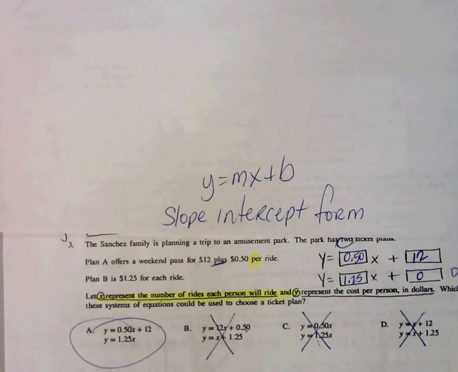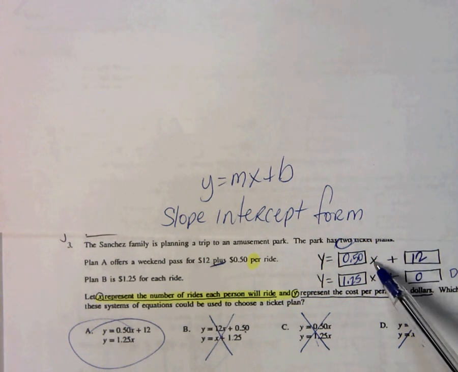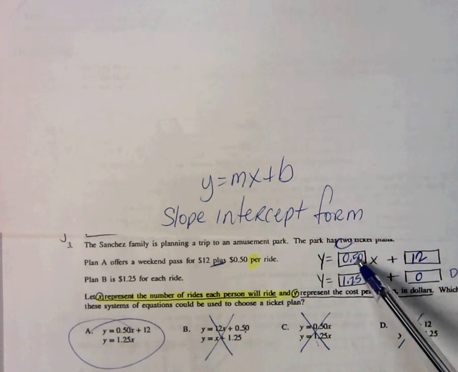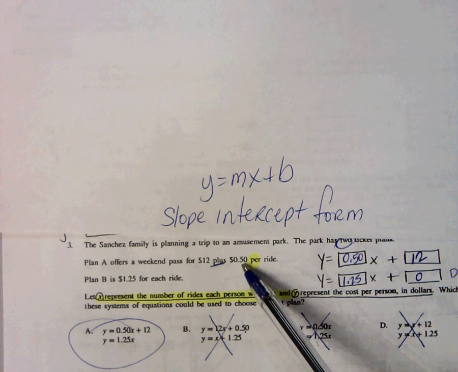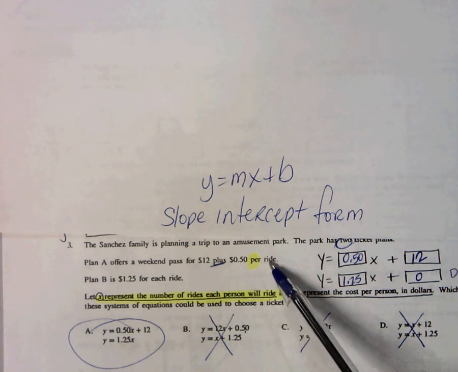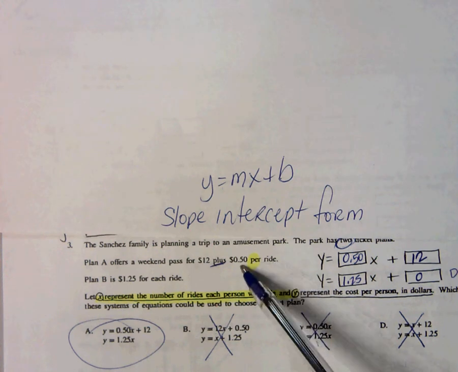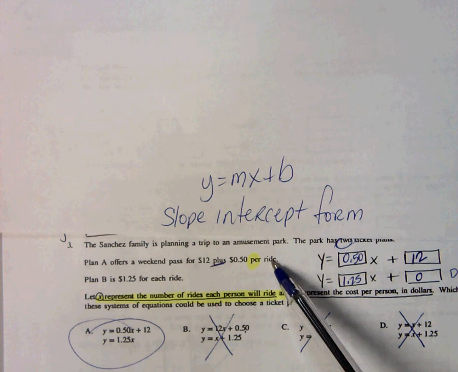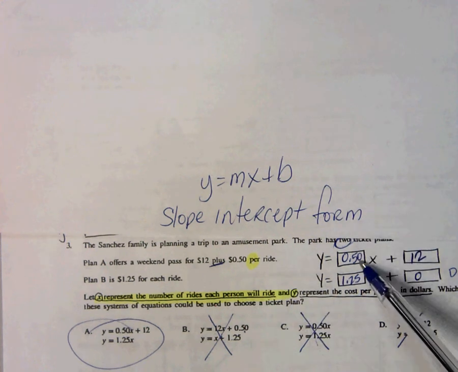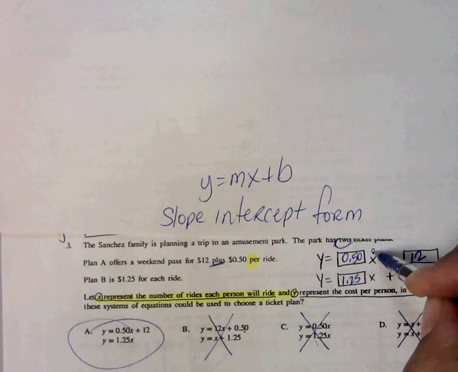So this X is next to 50 cents because 50 cents is how much each ride will be. Again, 50 cents per ride means 50 cents X needs to be 50 cents per ride.